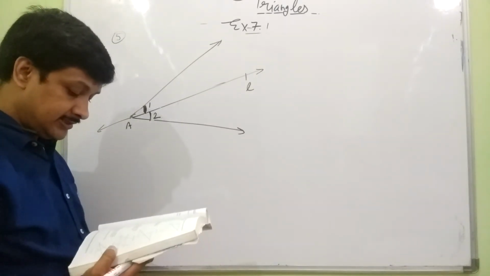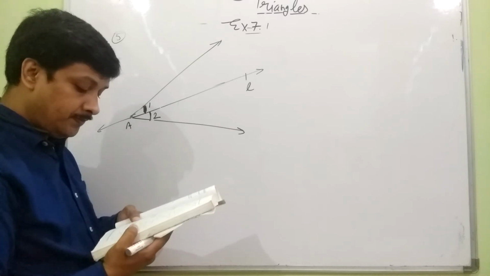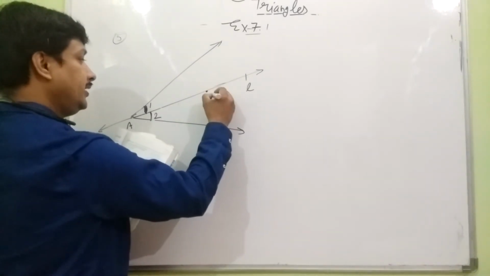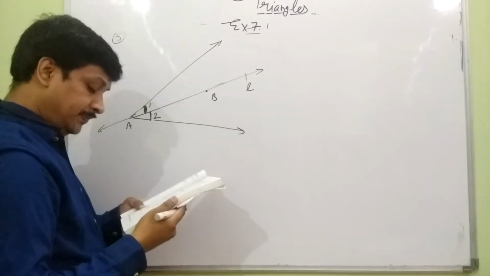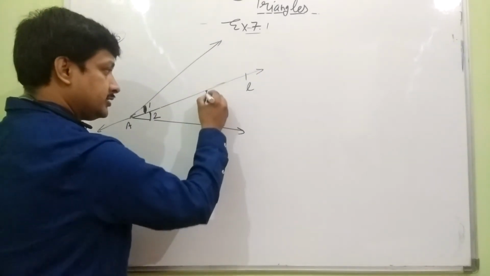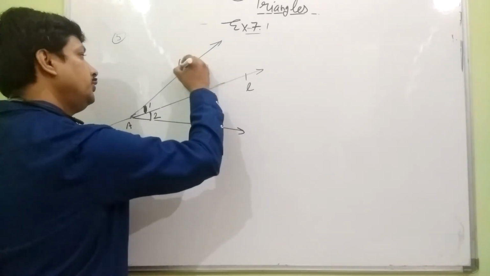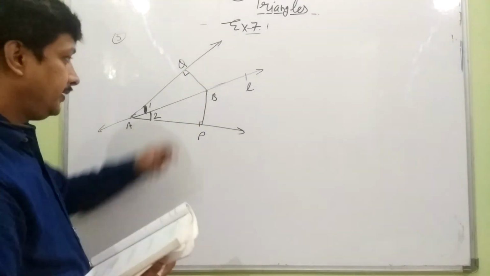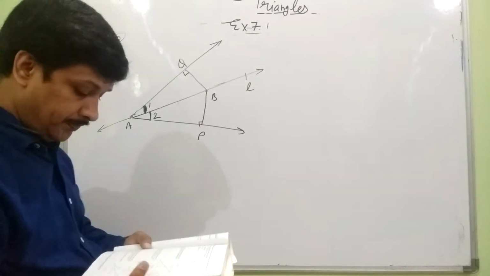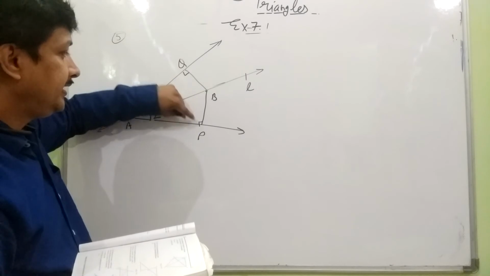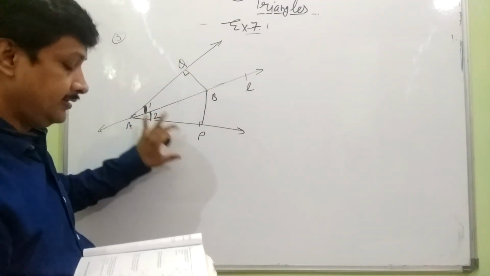Now it is said BP and BQ are perpendiculars from B. There is a point B on the line L, and BP and BQ are two perpendiculars, which means these line segments will make 90-degree angles with the arms of this angle.